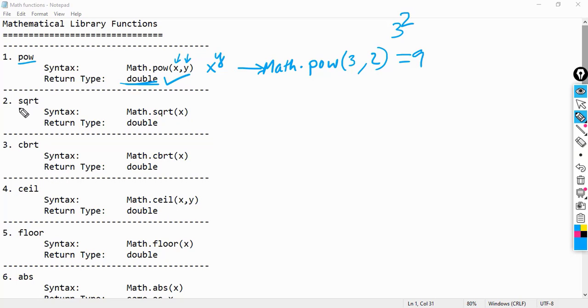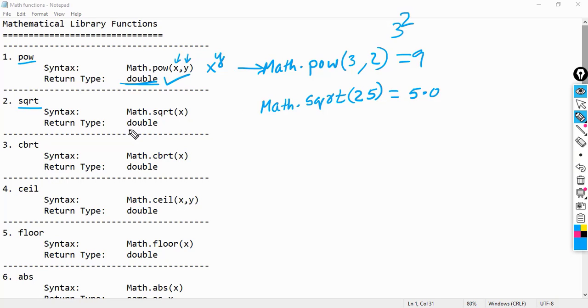The next function is the SQRT function. The SQRT function gives me the square root. So, if I write math.sqrt 25, the answer will be 5.0.